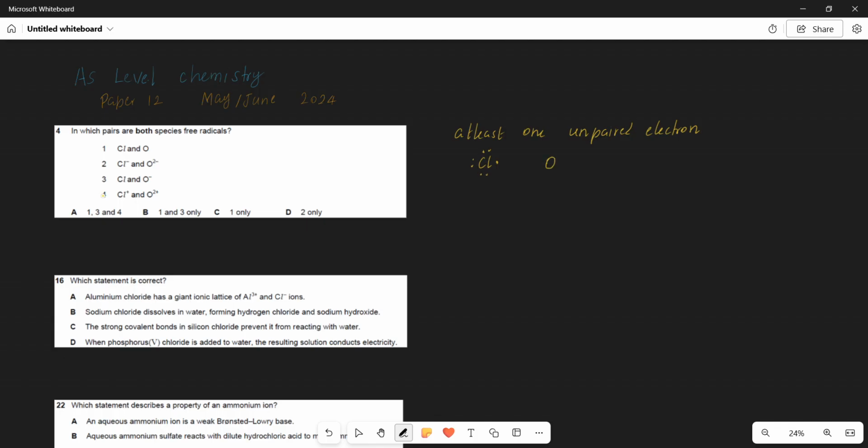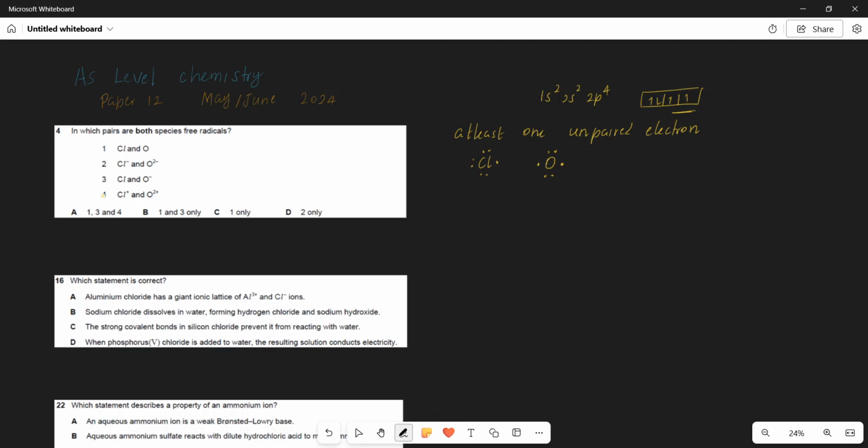Oxygen, I have 1, 2, 3, 4. There are 2 unpaired electrons. If I write this electronic configuration, 1s2, 2s2, 2p4. If I do the box diagram for 2p4, 1, 2, 3, 4, you have 2 unpaired electrons.